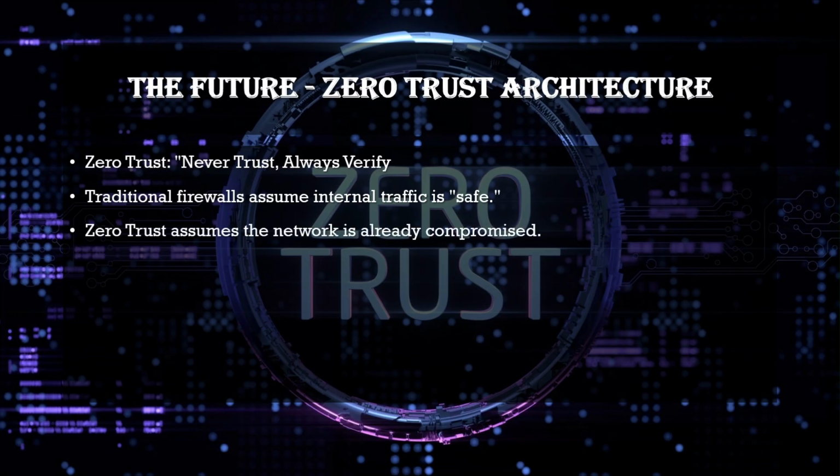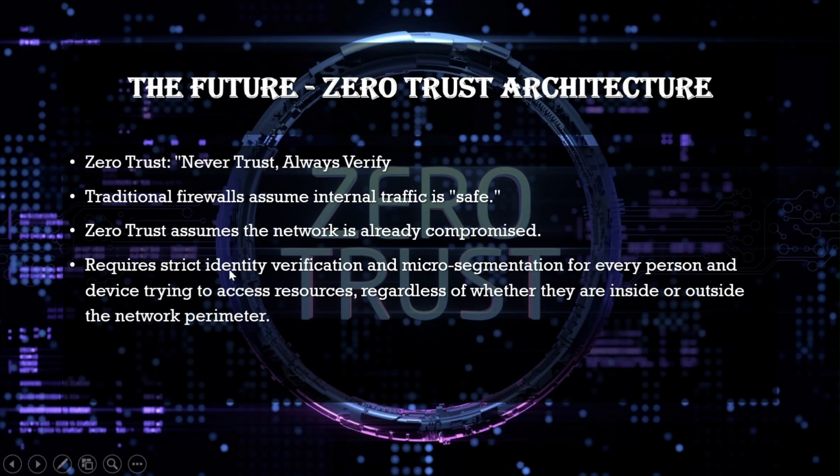But in zero trust, we assume the network is already compromised, and require strict identity verification and micro-segmentation for every person and device trying to access resources, regardless of whether they are inside or outside of the network perimeter. And this is the future of network security.